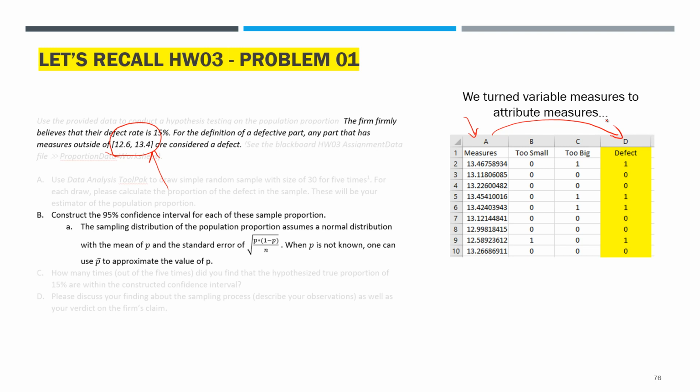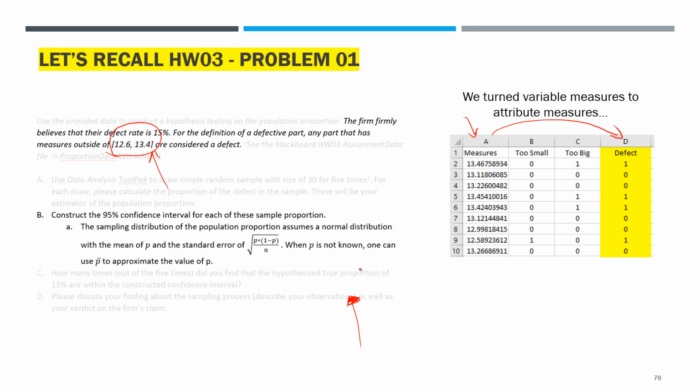And we also used the sampling distribution of population proportion to conduct the hypothesis test. A similar problem also showed up in homework number 4, problem 2 of the second question.